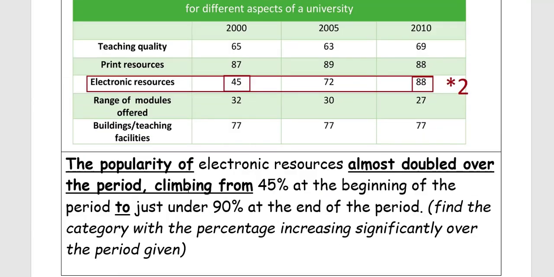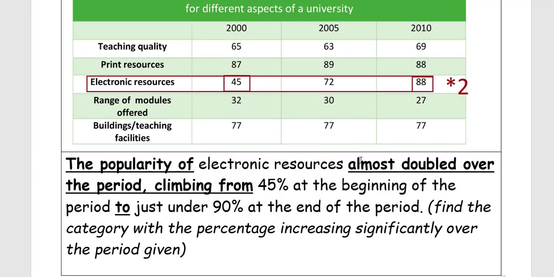Next. The popularity of electronic resources almost doubled over the period, climbing from 45% at the beginning of the period to just under 90% at the end of the period. So here we're looking at electronic resources. Look at this, we have 45 and 88. So 45 plus 45 is 90, but it's not 90, it's 88.